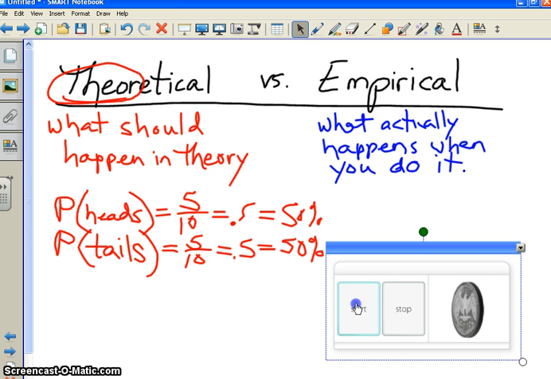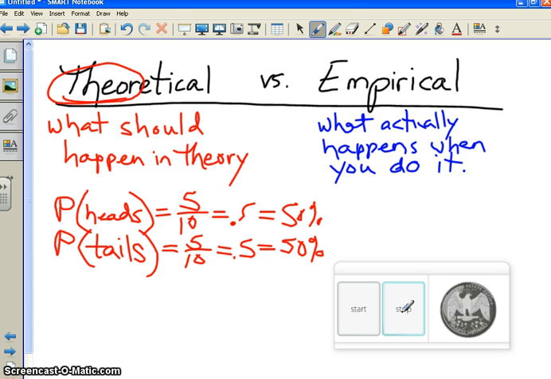So there's 1 tail, 2 tails, 1 head, 2 heads, 3 tails, 4 tails, 3 heads, 5 tails, 4 heads, 6 tails. So my experimental or my empirical probability came out different than my theoretical.